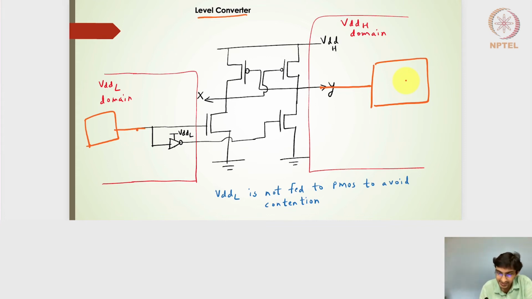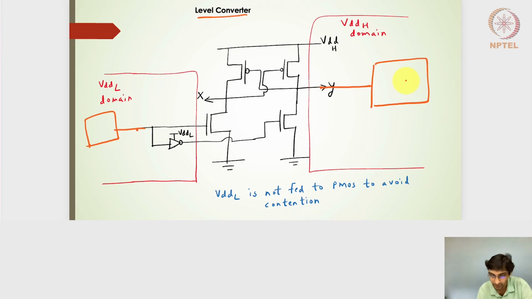Notice that in the previous slide, the output of the Vdd-L domain was connected to both the NMOS and PMOS transistors of the Vdd-H domain, right? And that was creating the contention problem, because the PMOS transistor could have been on.